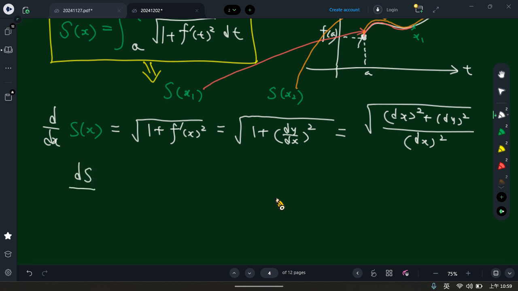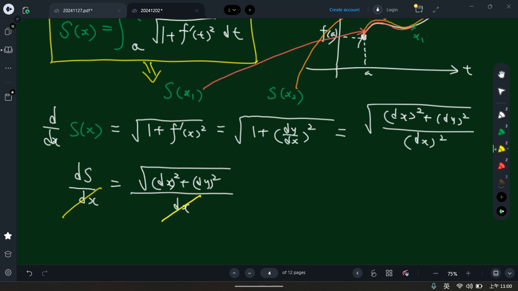So with this, we can continue to see here. We can treat it as ds over dx is equal to the square root of dx squared plus dy squared, over dx. If we treat all of them as differentials, then you can see we also can cancel this.